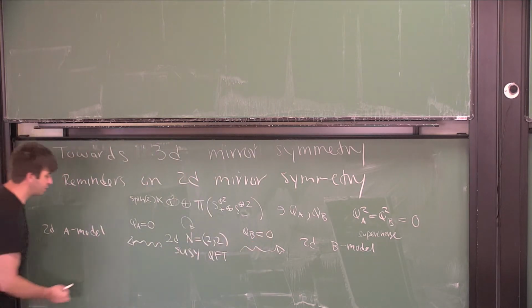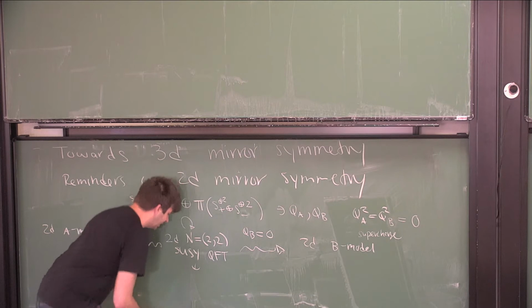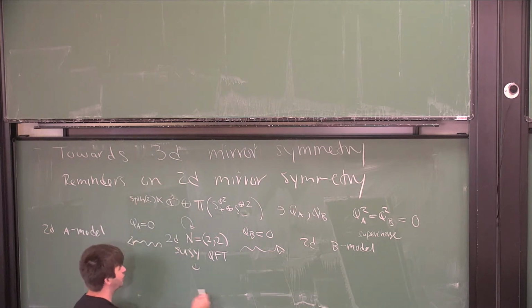And the way that this works in very simple examples, normally I would say that everybody's favorite example of such a thing is the Calabi-Yau sigma model. But since we're at a workshop on gauged things, I'll instead write down the gauged linear sigma model.